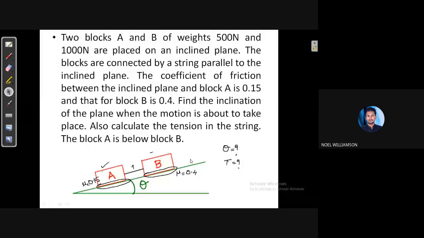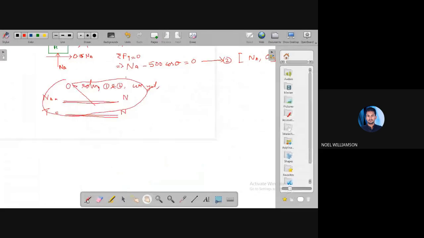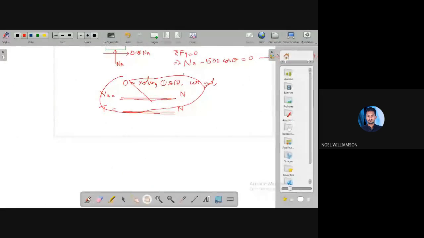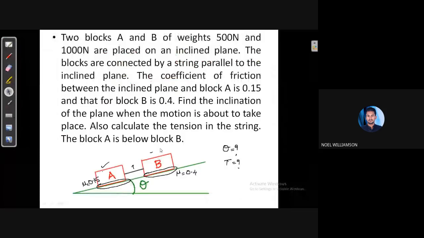So altogether we will consider the free body diagram of body B, and the forces acting, that is, first of all weight is acting, then the tension.